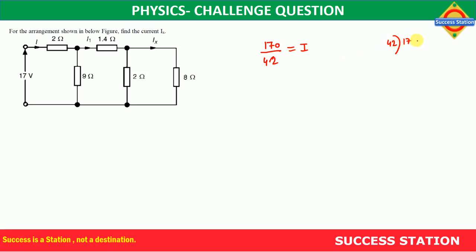42 into 170, how much will it go? 42 times 4 is 168... no, 294 is too high. 4 times 2 is 8, 4 times 4 is 16, so 4 4, so 168 came, minus 2.